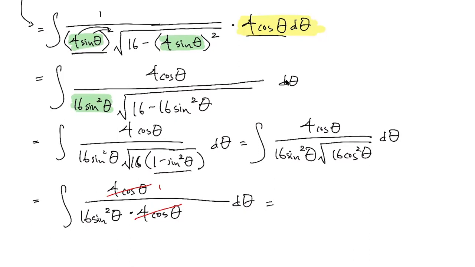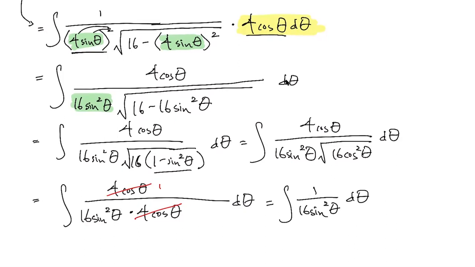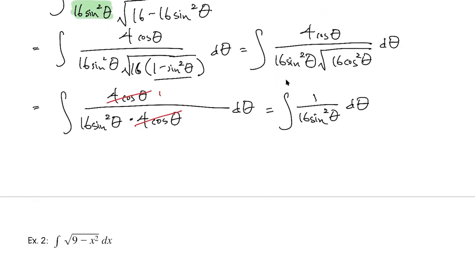So really what I have is the integral of 1 over 16 sine squared theta d theta. Now I'm going to take that 1/16 out to the front as a constant.